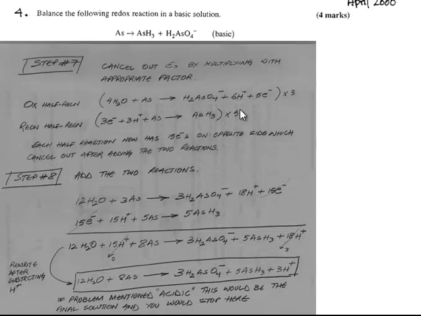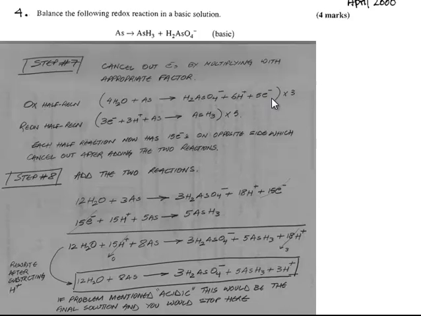But we have to cancel them out somehow, because we have to combine the reactions, adding them together later on, but we don't want any electrons in the final reaction. So the only way we can cancel them out is by multiplying by the common factor, which is 5 times 3 here gives us 15, and 3 times 5 gives us 15 here.